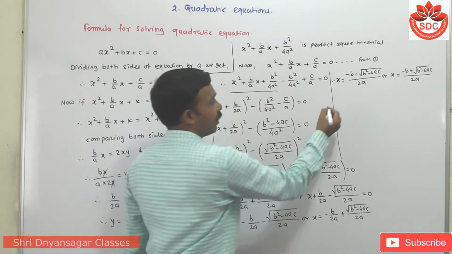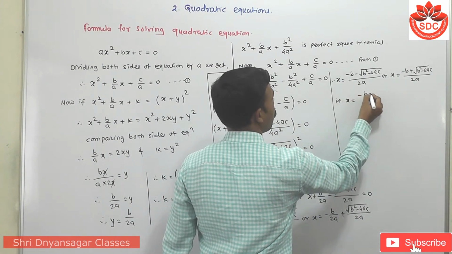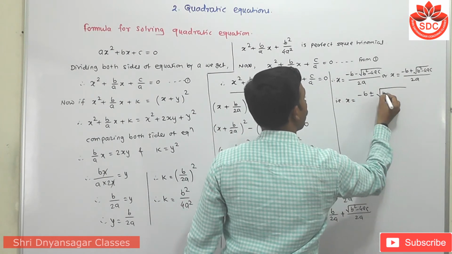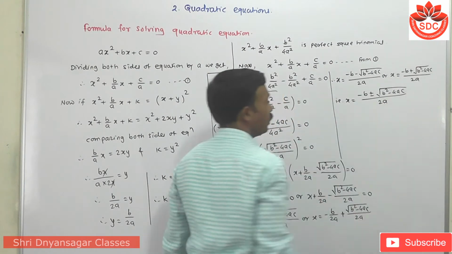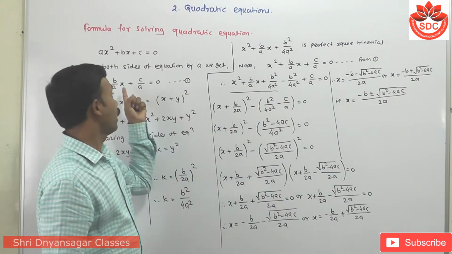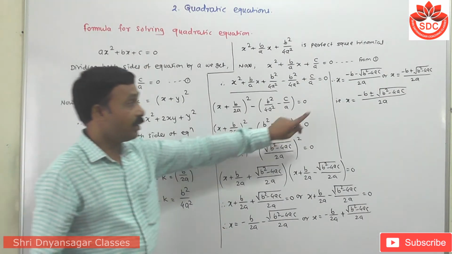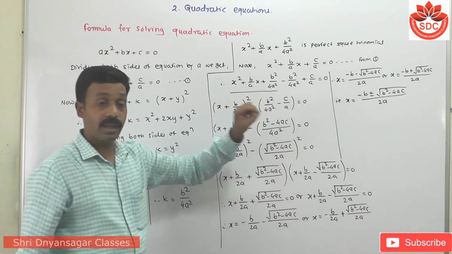That is, we write here x is equal to minus b plus minus root of b square minus 4ac upon twice a. This is the root of the given quadratic equation, which is ax square plus bx plus c is equal to 0. And this is the formula to find out the roots of the quadratic equation.